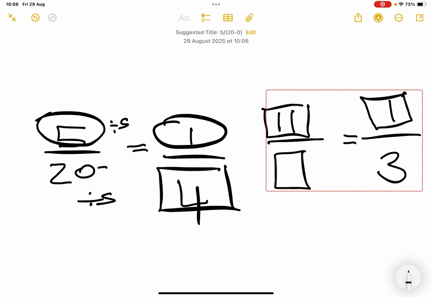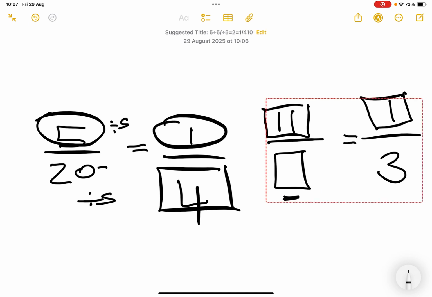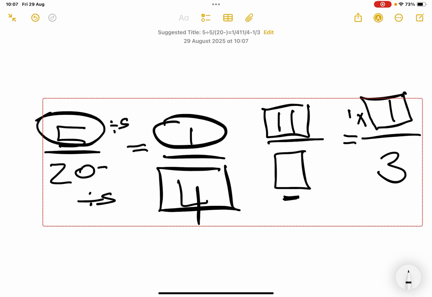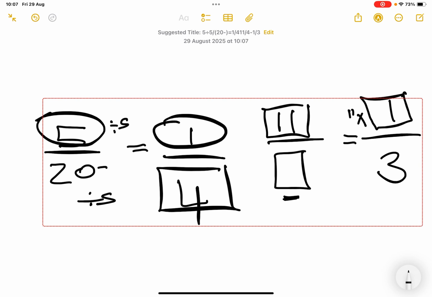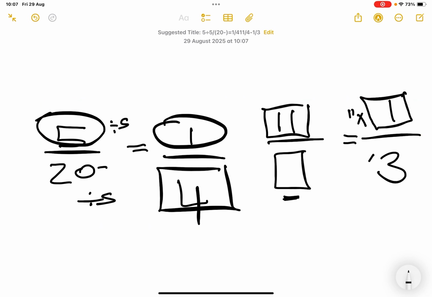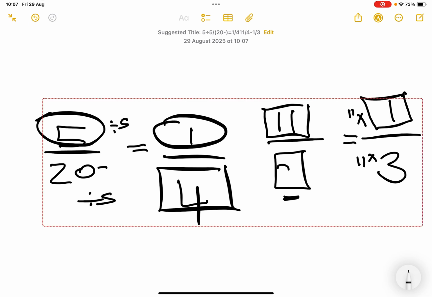But how do I make this 1 into the 11? Because I need to do that. I need to multiply now because I'm missing part of 11's fraction. So how do I make 1 into 11? Well, I can multiply it by 11. So 1 times 11 is 11. And 3 times 11 is 33.